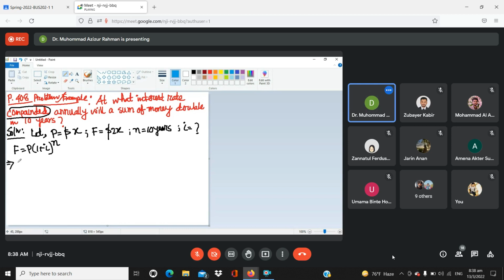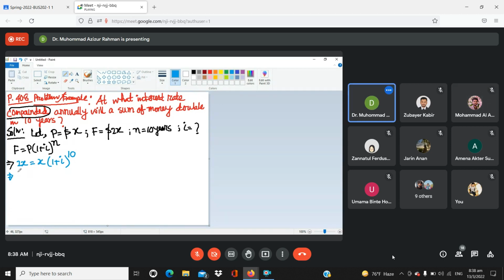Future value is 2x, present value x, 1 plus I to the power 10. Can we get the value of I from here? Yes, sir. Okay, let's do it.